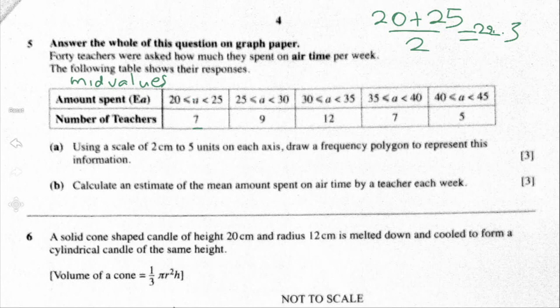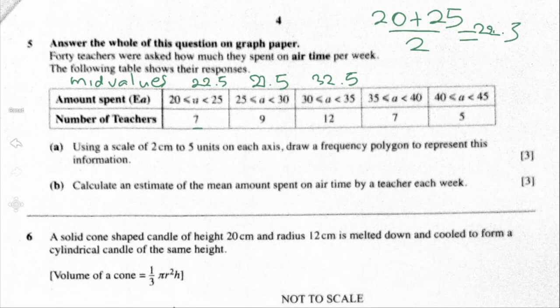Then you can work out the mid values for each group. Between 25 and 30, our mid value is 27.5. Similarly, for the group 30 to 35, you get 32.5.